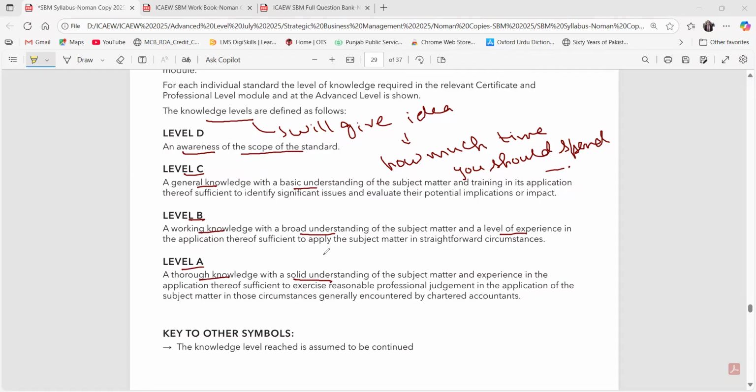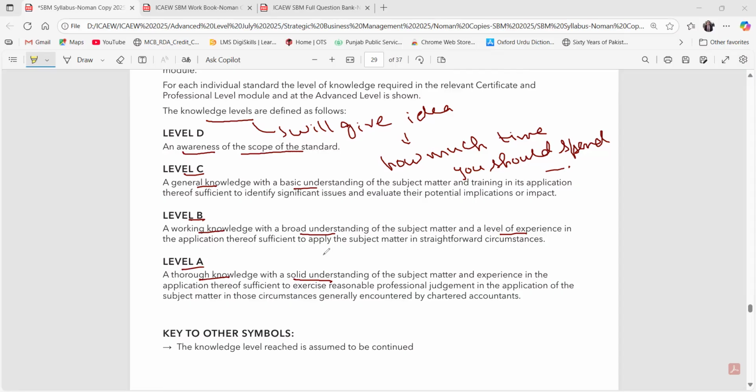So these are four levels. If any topic is at level D, you should not spend too much time on studying it. When we talk about level C, you should spend a little bit of time. But for level A and B, you should spend a significant amount of time on understanding, concepts, practical application, and knowledge.